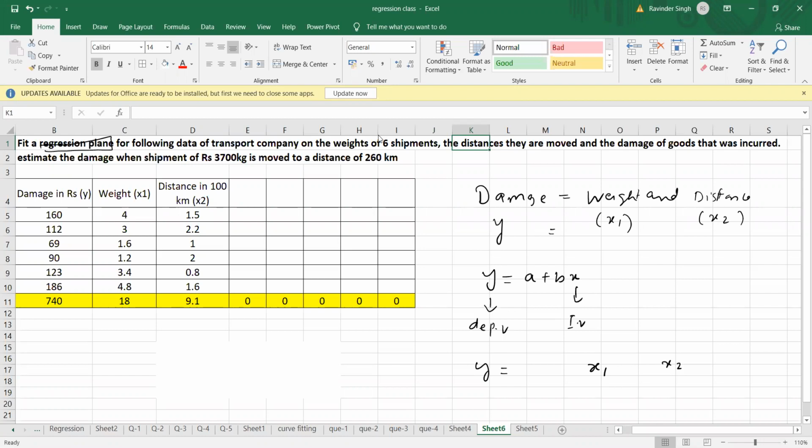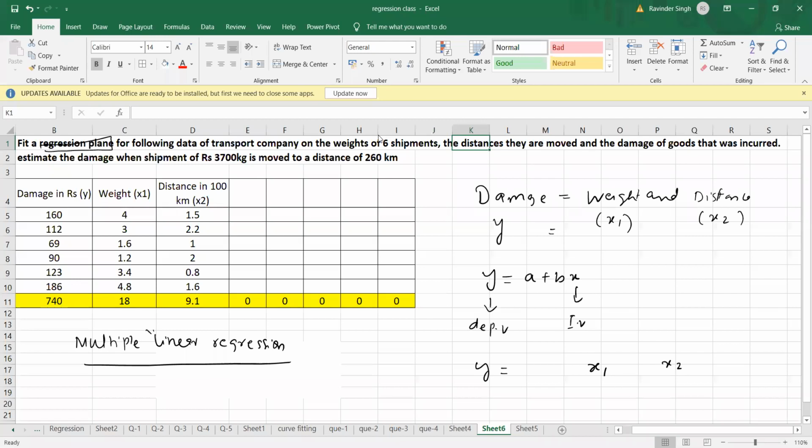Whenever you have one dependent variable which depends upon more than one independent variable, we call that multiple linear regression.